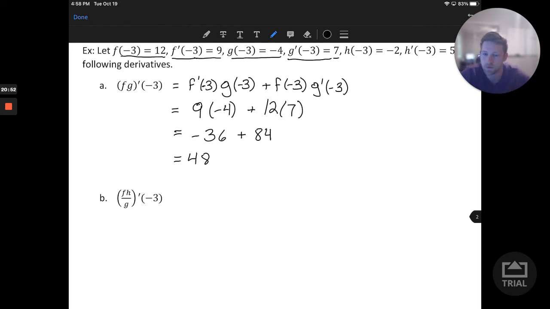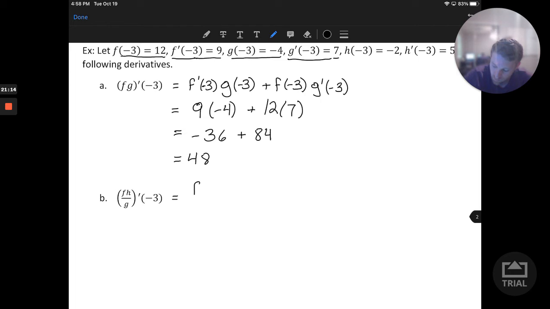So in general, what I'll want to consider is we're going to have this f times h as the numerator function. So what we could set out to do here is take the derivative of our numerator in our quotient rule.